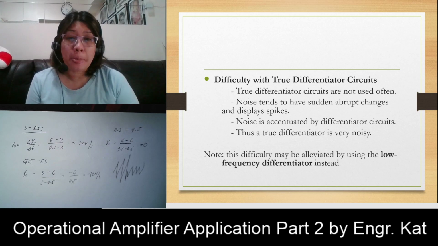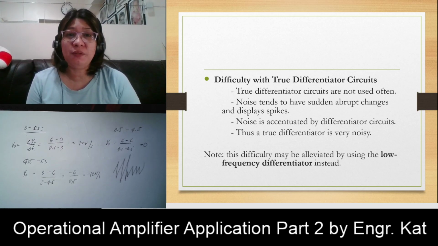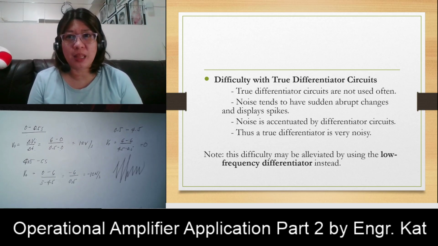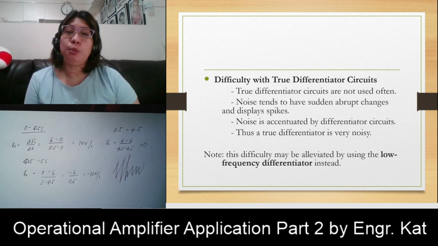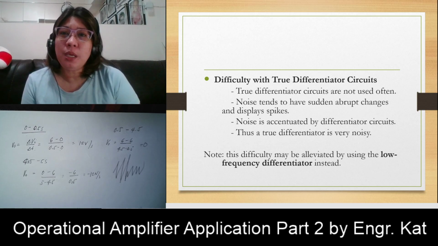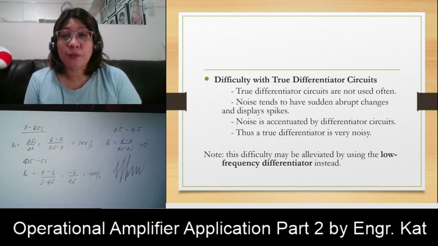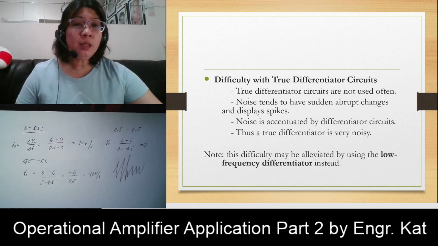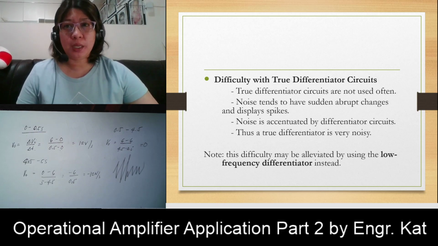So what do we do? This difficulty may be alleviated by using a low frequency differentiator instead. So how does a low frequency differentiator differ from a true differentiator circuit?